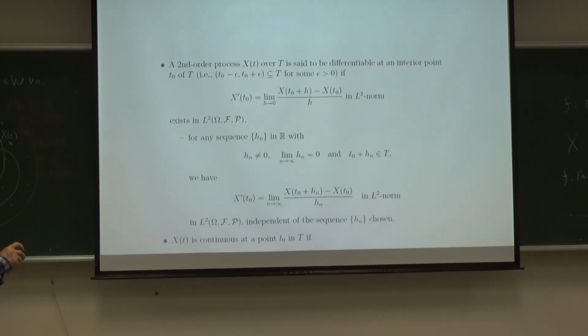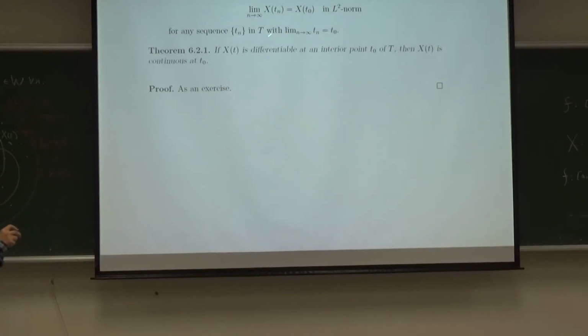Okay, so now we can talk about continuity. We say that a second order process x(t) is continuous at point t0 if x(t_n) converges to x(t0) in the L2 norm for any sequence t_n going to t0. You have many different sequences approaching t0, but the corresponding limit will be the same. This is the meaning of continuity.